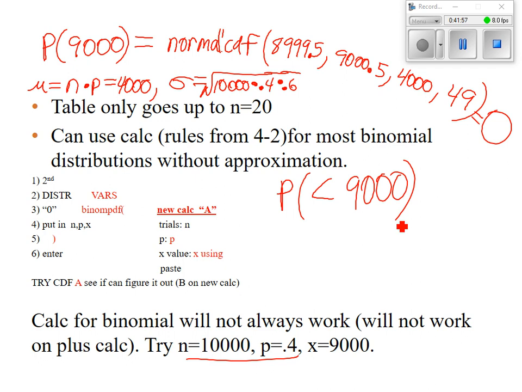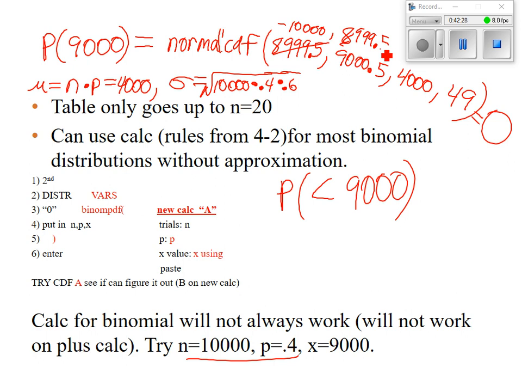So if we want less than 9,000, what's our low limit going to be? Negative 10,000. Sure, we could do that. What's our upper limit? Be careful. 8,999.5. And then those two, mean and standard deviation, stay the same.